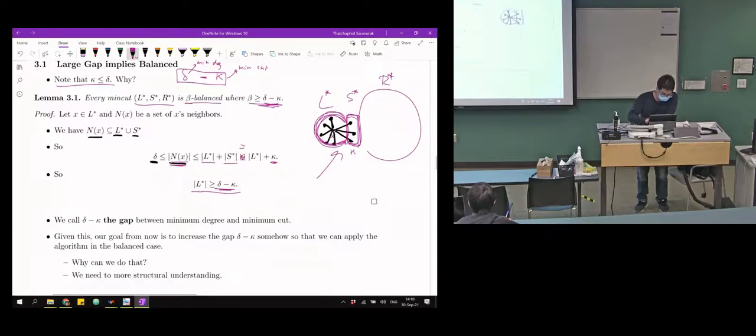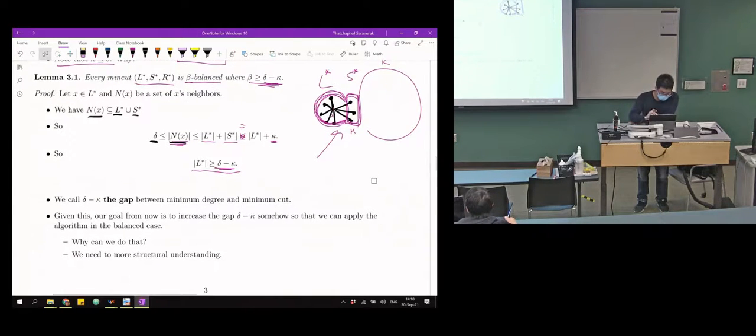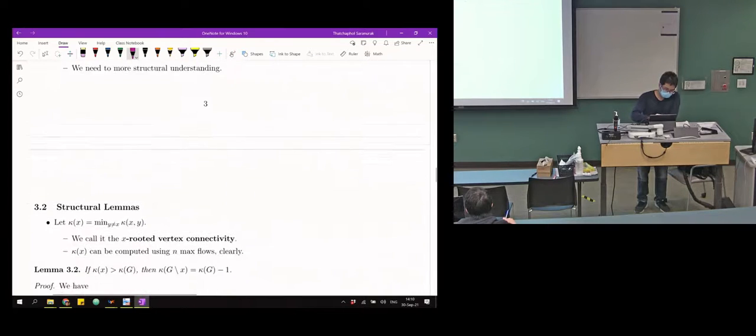Okay. And from now, the goal is to increase the gap somehow, and then we will want to apply the balanced case. But to do this, we need to know a bit more about the problem.